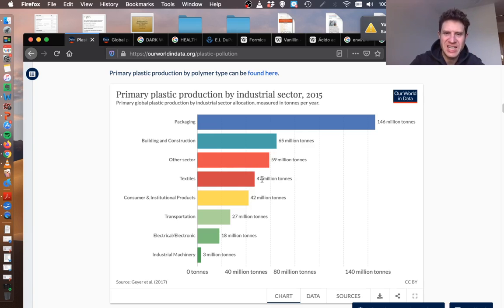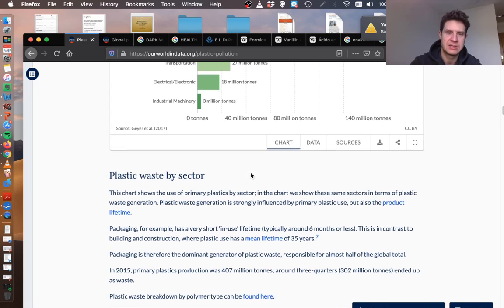Other sectors, textiles, 47 million. This is the fourth main source of plastic, clothes. To make these clothes elastic, it is made of plastic. And it lasts I don't know 2 years, and then you throw it away. More plastic.